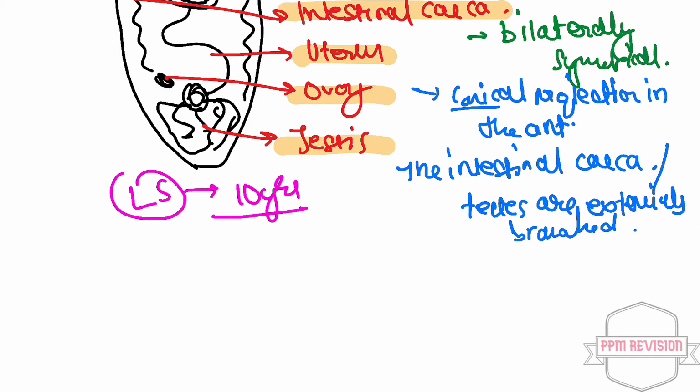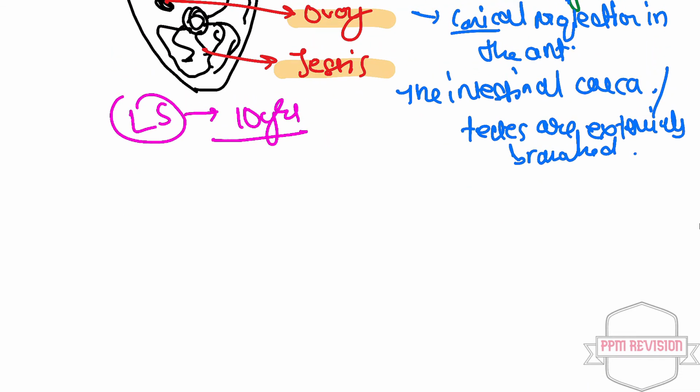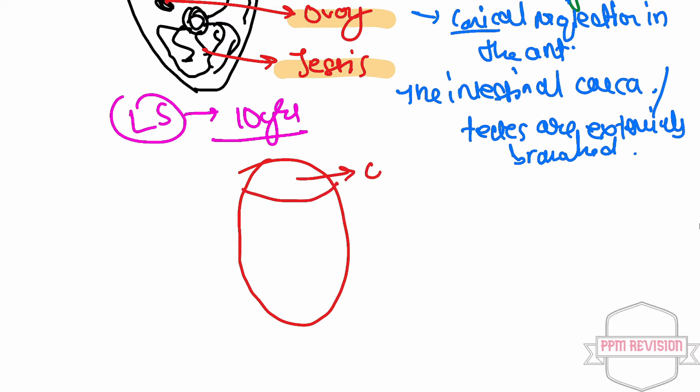Now going to the eggs of the Fasciola hepatica, this is how it looks. So here you have the operculum, that's the space, and here we are filled with cells.